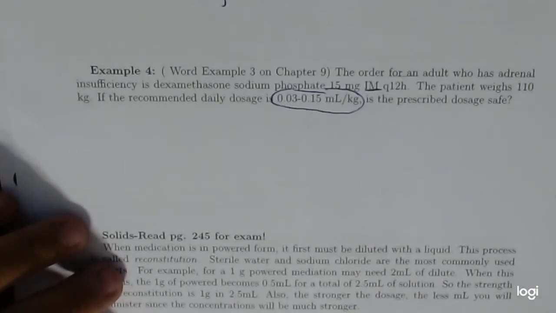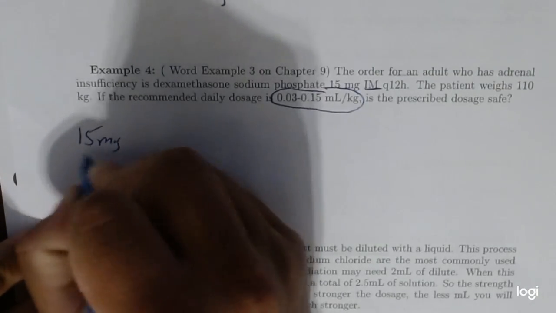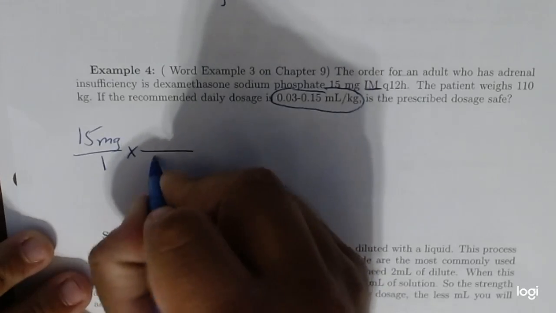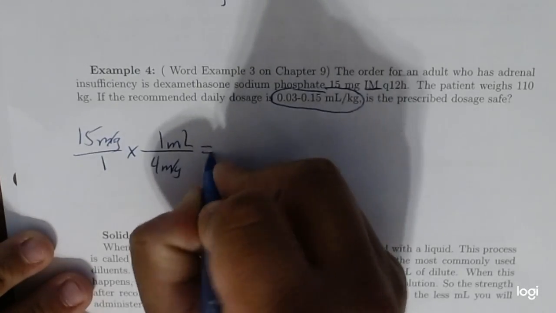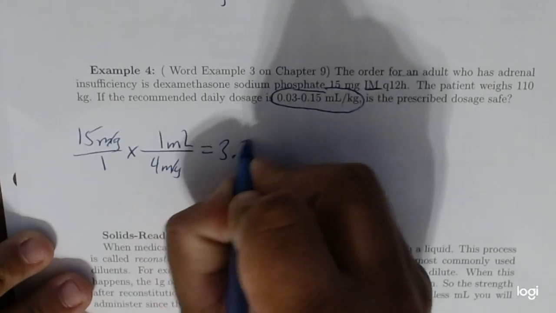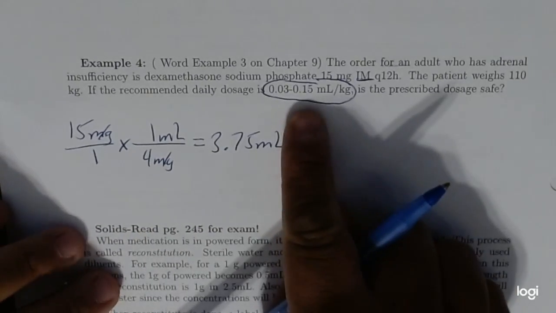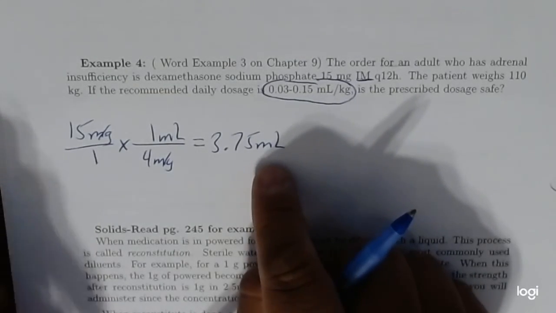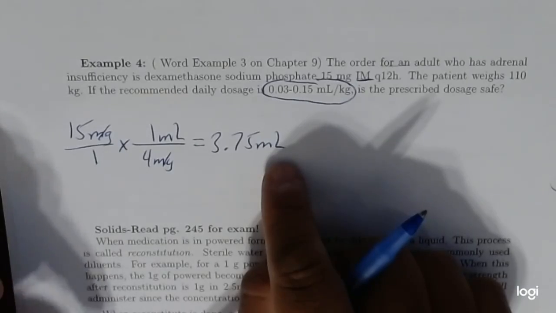We need milliliters per kilogram, and we're given milligrams, so 15 milligrams. And according to the strength of the drug, that was 4 milligrams for every 1 milliliter. So cancel, cancel. This gives us about 3.75 milliliters. Now, the range is milliliters per kilogram. All we want to figure out is how many milliliters you are giving a patient per every kilogram this patient weighs.